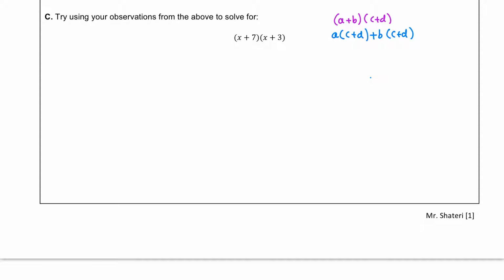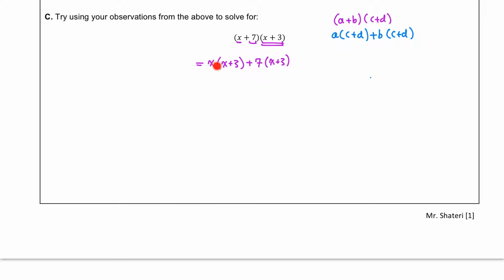Let's apply that here. So now I have x multiplied by this bracket. So this is equal to x multiplied by x plus 3, plus my second value, which is 7, multiplied by x plus 3. Once I have this, I can use the skills that I have learned before to expand my expression.